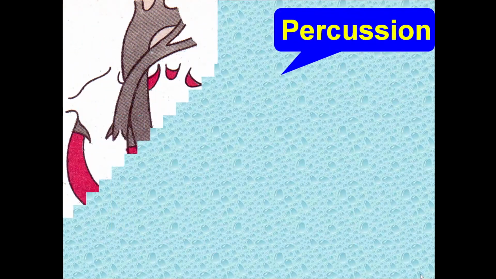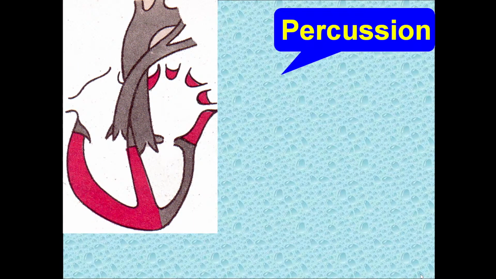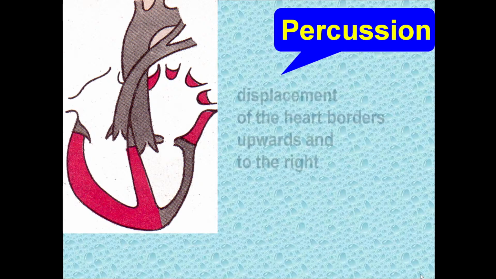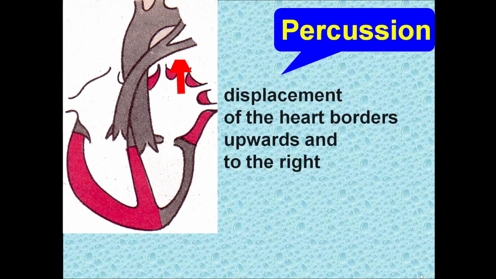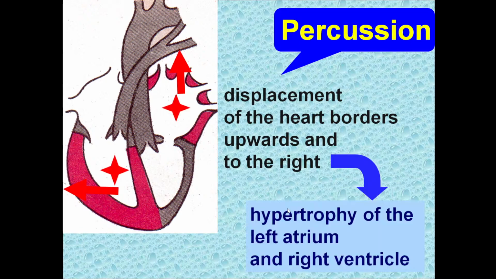On percussion, we will reveal displacement of the heart border. We remember that 2 heart chambers are involved in the pathological process, the left atrium and right ventricle. As a result, the heart is displaced upward and to the right due to hypertrophy of the left atrium and right ventricle.